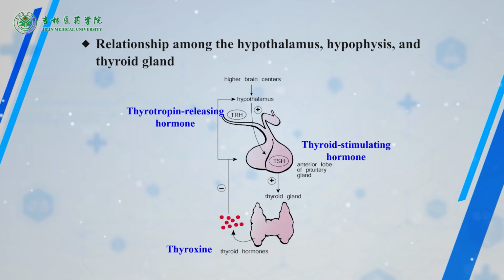The thyroxine exerts its functions on the body, and at the same time, thyroid gland also secretes some factors as feedback to the hypothalamus to regulate its functions. Thus, the organs in our body can cooperate well.